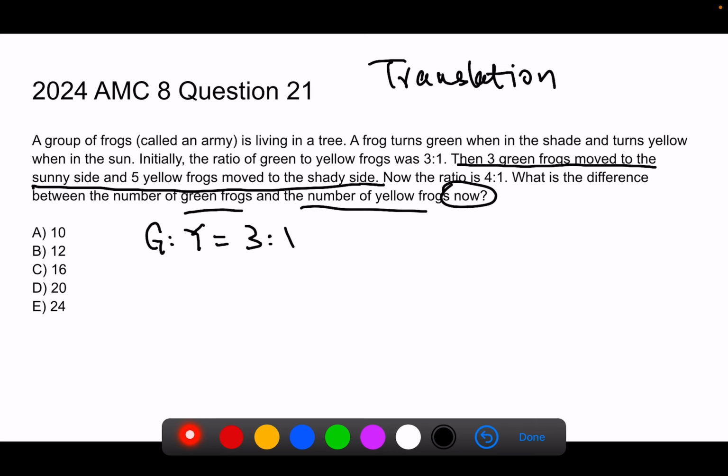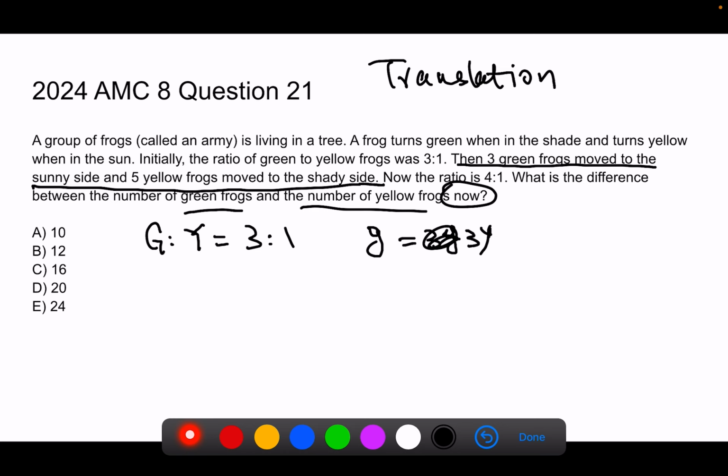Or what I can say is G, the initial number of green, is equal to 3 times Y, the initial number of yellow. I'd better write my Y more clearly like this. That's an equation. G equals 3Y. Green is 3 times yellow.